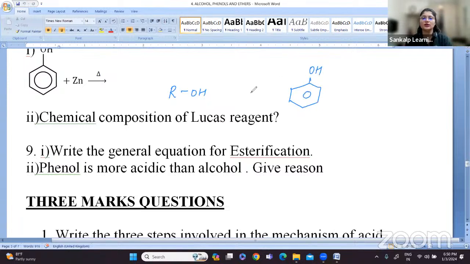When you're comparing the alcohol and phenol, phenol is more acidic. Why? Because it is involving a benzene system. It has a pi system here.